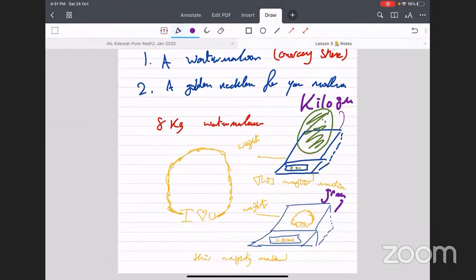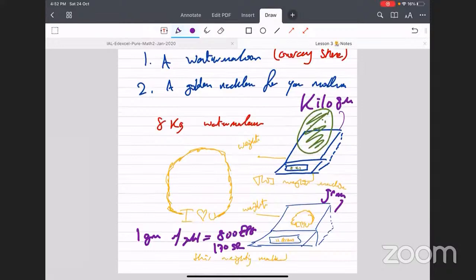The price of gold now in Egypt is about 800 EGP per gram, which is about 150 Saudi riyals, I think, or 170 Saudi riyals. So it's a lot of money.